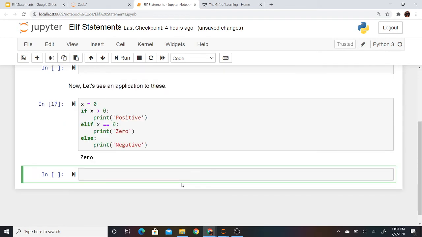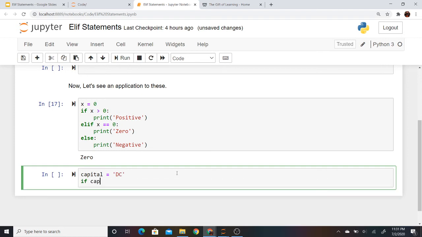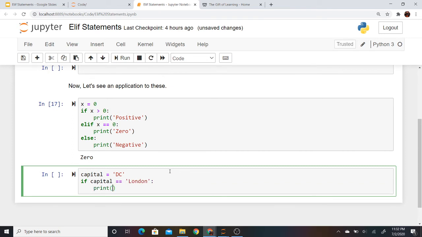So now we can apply this to other data types and we can stack elif statements. For example, if we wanted to know the country of a capital and we gave a few capitals and wanted to see the countries, we would say capital is equal to DC. Then we can say if capital is equal to London, print England.